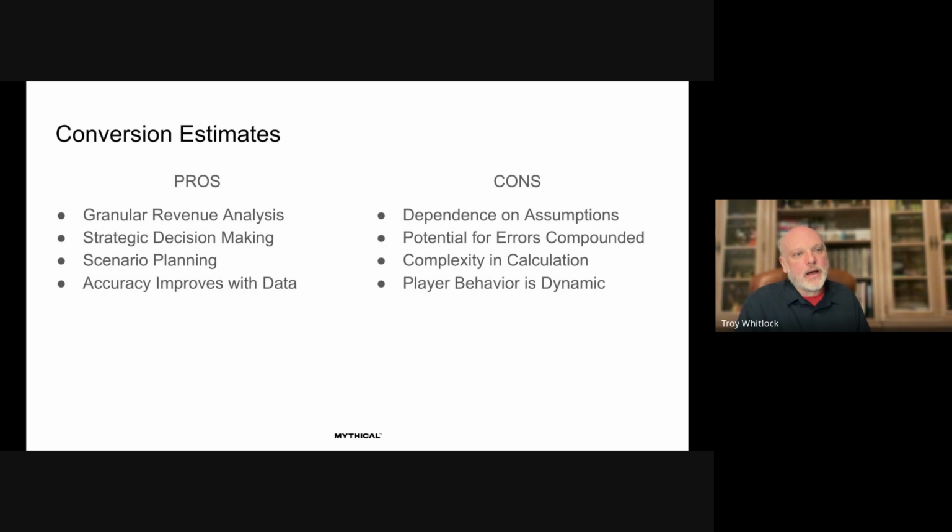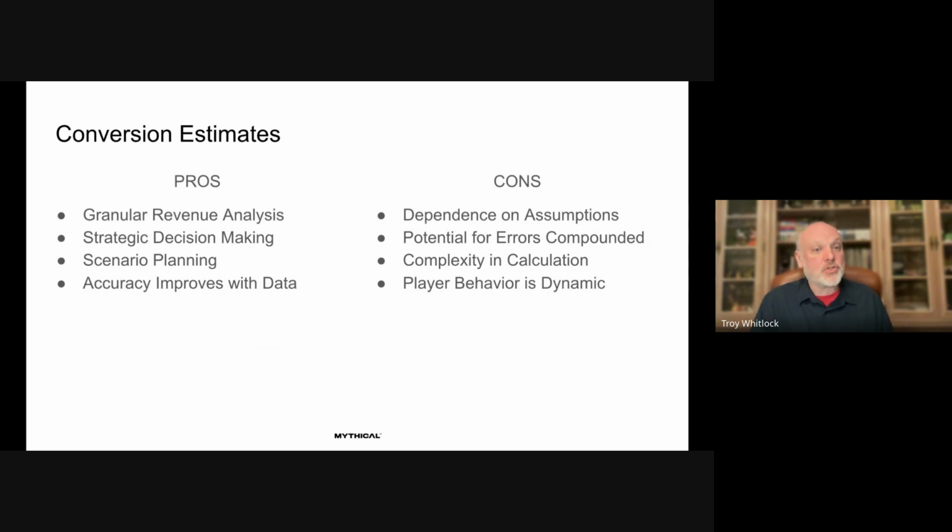If you've got a very strong live operations program and you're constantly adding new SKUs into the game, it can get very unwieldy to maintain the forecast with an ongoing number of SKUs over time, and also player behavior is dynamic. Things that they've done in the past isn't necessarily indicative of things they're going to do in the future. But generally, conversion estimates are a more accurate, granular way of estimating ARPDAU.